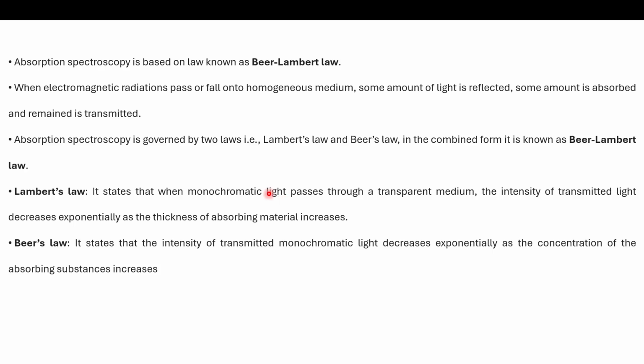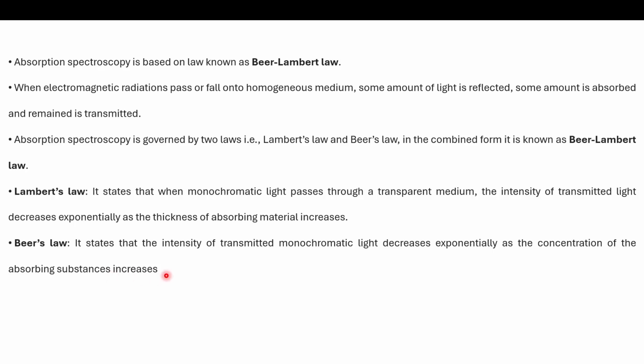It states that when monochromatic light passes through a transparent medium, the intensity of transmitted light decreases exponentially as the thickness of the absorbing material increases. And Beer's law states that the intensity of the transmitted monochromatic light decreases exponentially as the concentration of the absorbing substance increases.